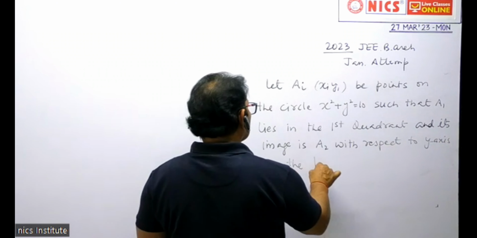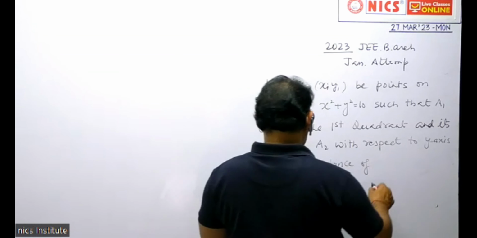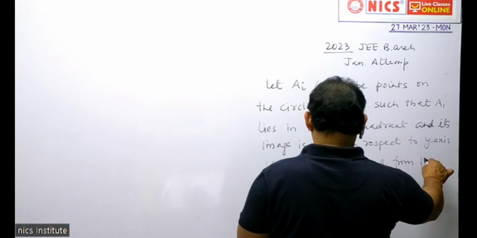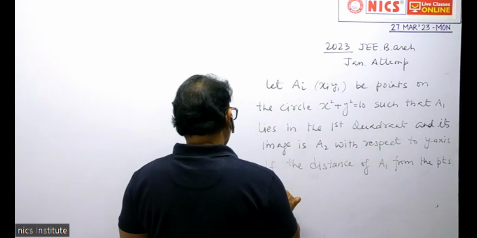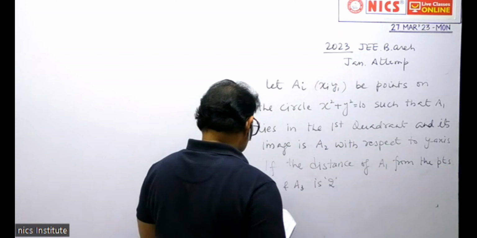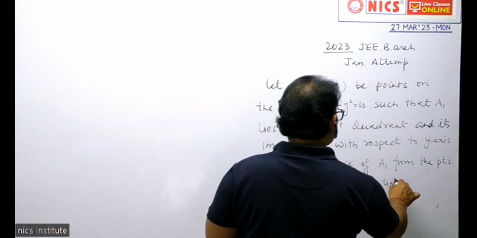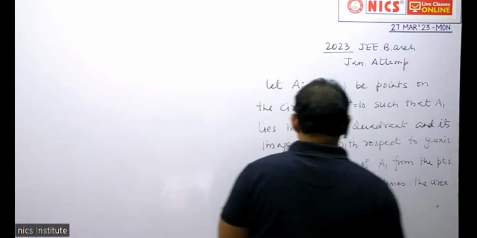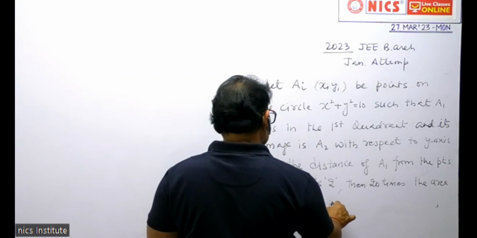If the distance of A1 from the points A2 and A3 is 2, then 20 times the area of triangle A1, A2, A3 is.